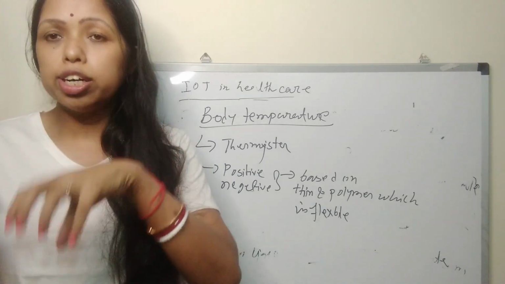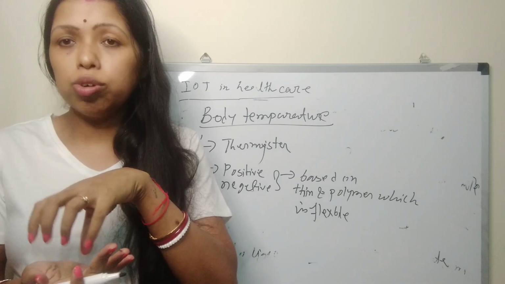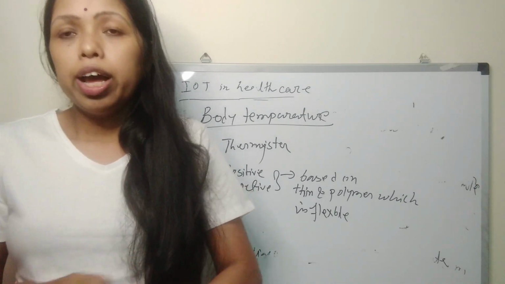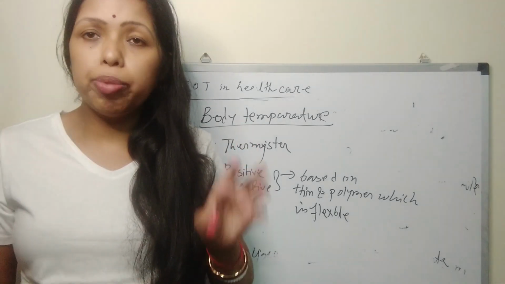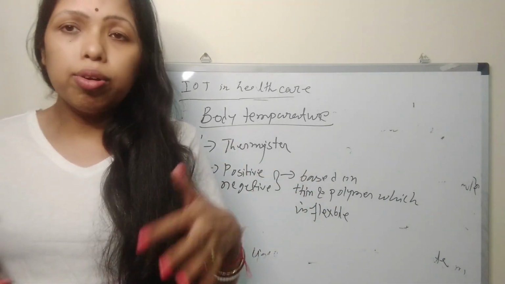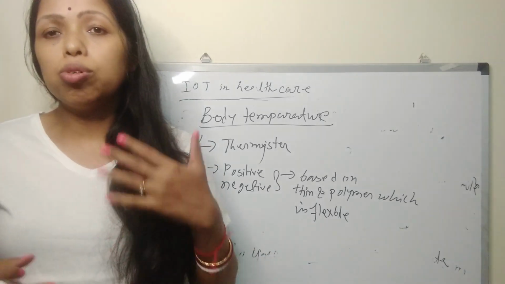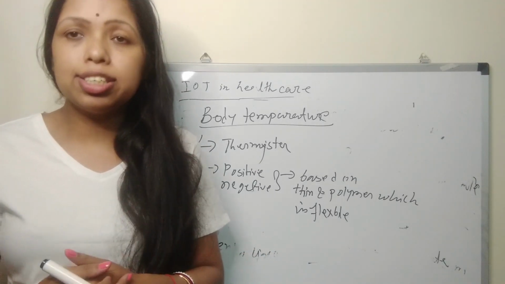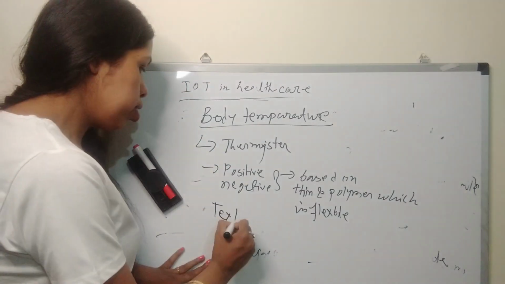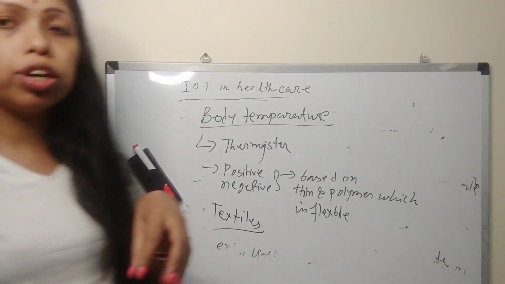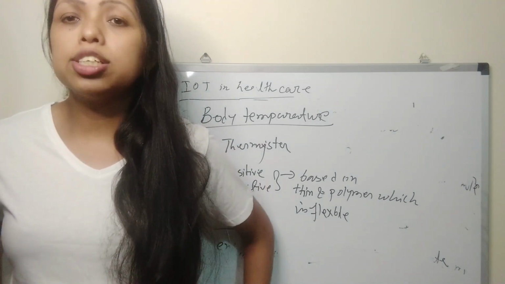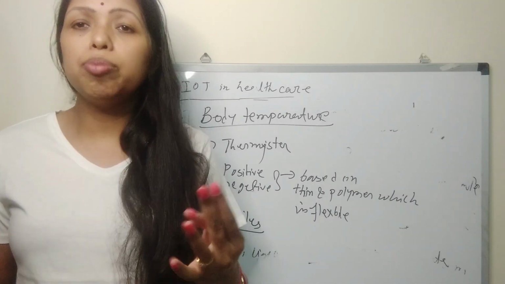The substrate is the base of the device, and it should be flexible so it can easily be put on the wrist or body and detect the body temperature. Another research group has invented a temperature sensor embedded in textile, so you can put a sensor on the cloth you wear and directly measure body temperature.